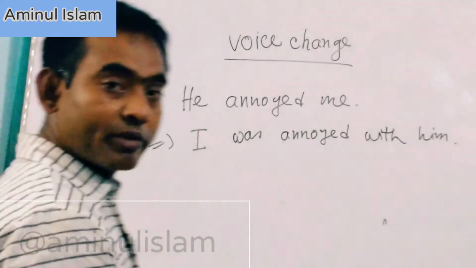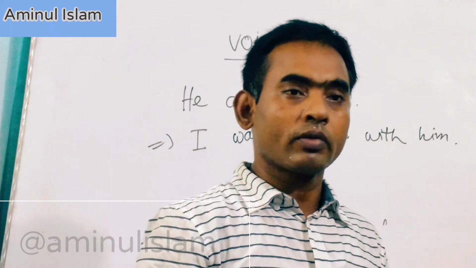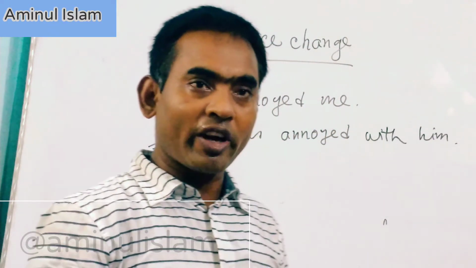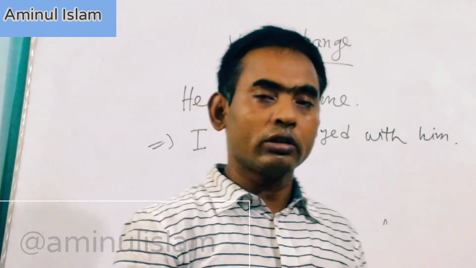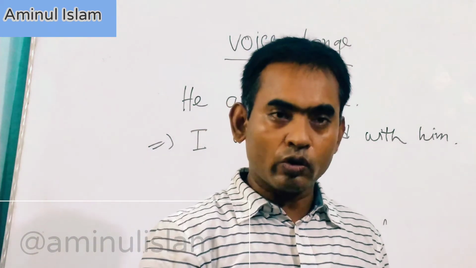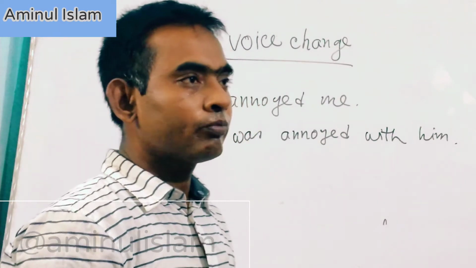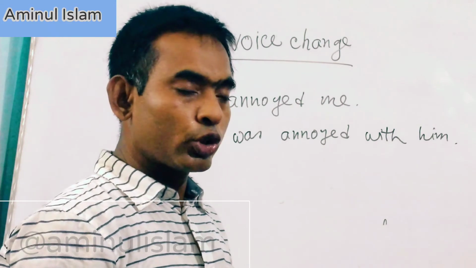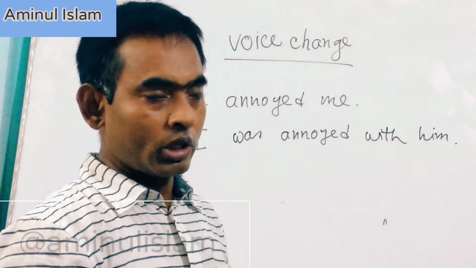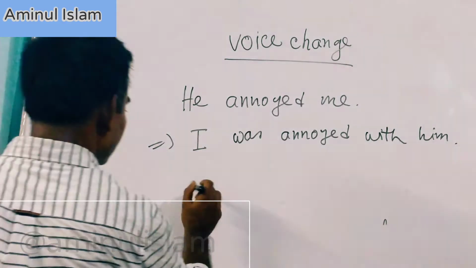Listen, look at the whiteboard. His behavior satisfied me. I was satisfied at his behavior. In case of behavior, the preposition at will be placed before the object. And in case of a person, the preposition with will be placed before the object. Look at the whiteboard.